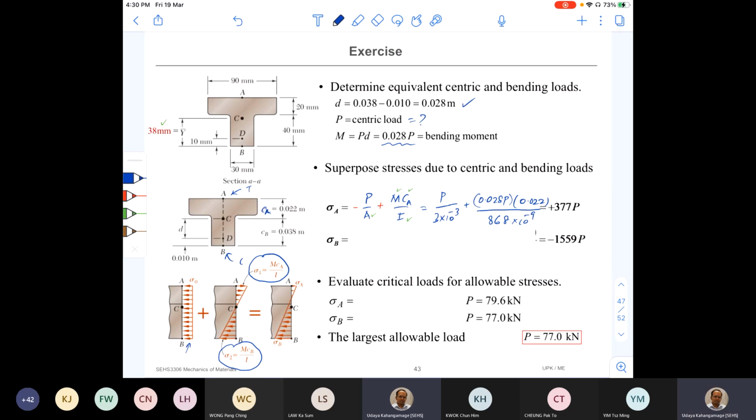Okay, so you do the simplification, you get this answer. It is 377 times P, a positive value, that is a tensile stress.